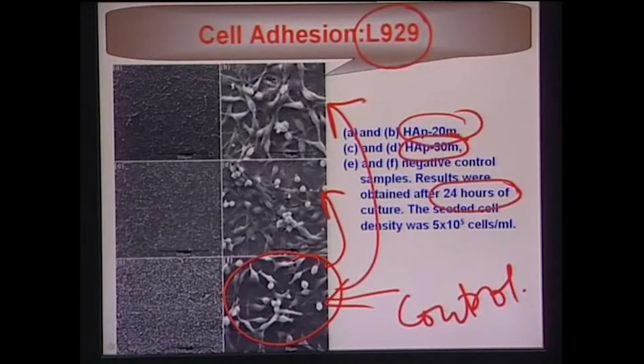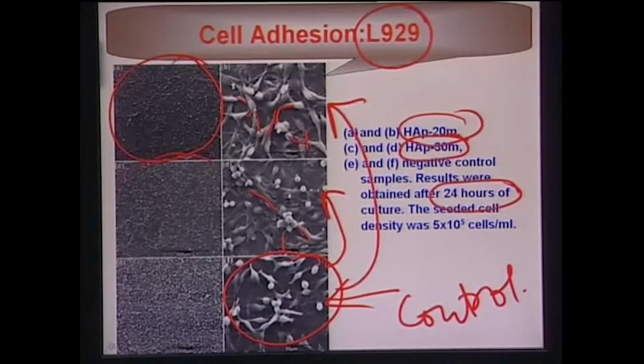An interesting feature that you can clearly see here is the cell to cell cellular network, also called cellular bridges. Overall, all the hydroxyapatite mullite surfaces are completely covered by these L929 cells, and this shows good biocompatibility, in vitro cytocompatibility property of these materials.